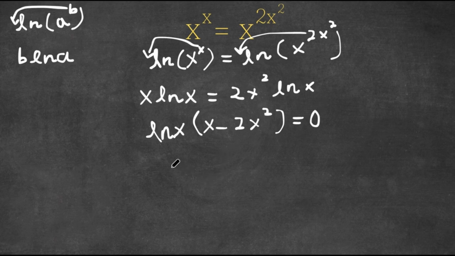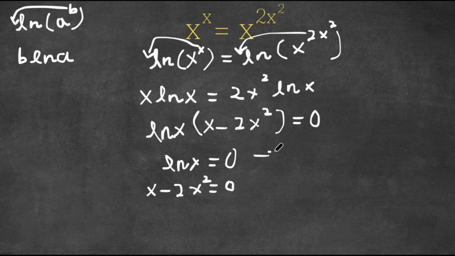And now this gives me two equations. ln of x equals 0, as well as x minus 2x squared is equal to 0. For ln of x equals 0, this means that x is equal to 1. So this is one solution to this equation.